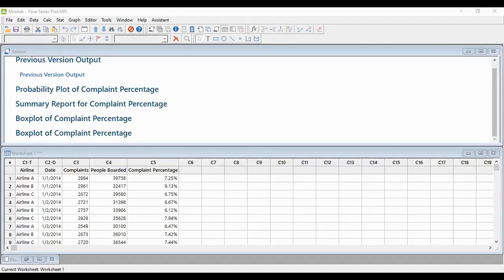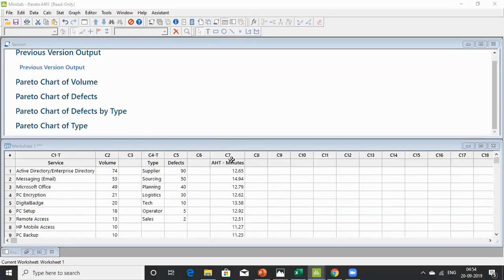Okay. So here is another data set. I have data which says minutes. Let's say this is the cycle time of a process, or the average call handling time of a process, for example.